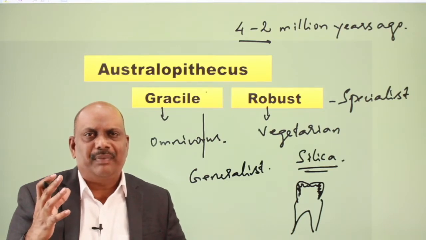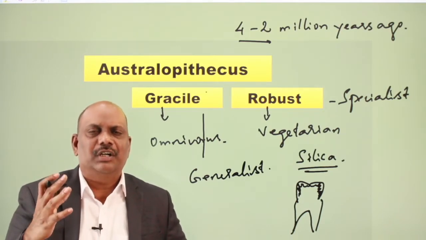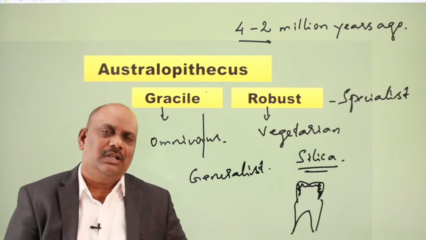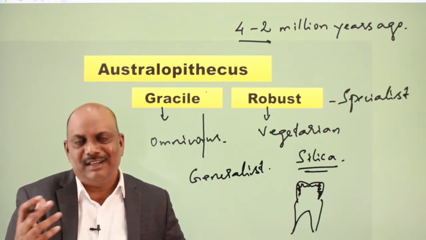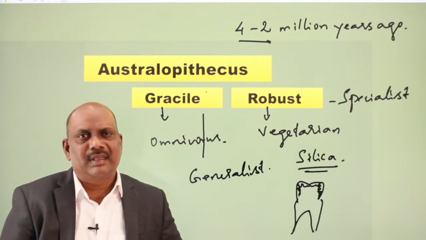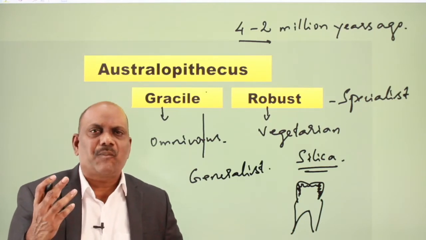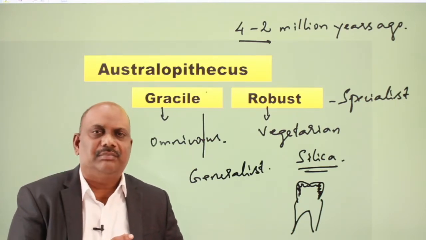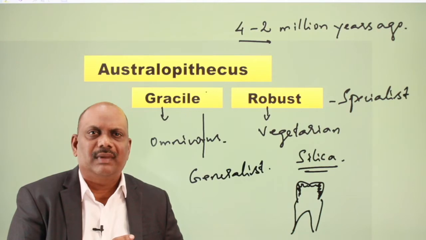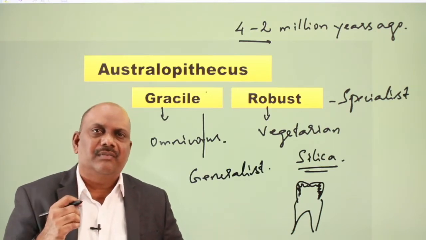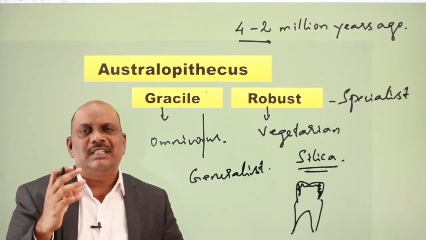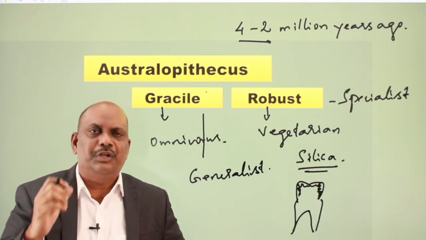A very cold climate started gripping the earth. That is the return of the Ice Age. As a result, there was a change in ecosystem and vegetation, and they started facing food shortage.